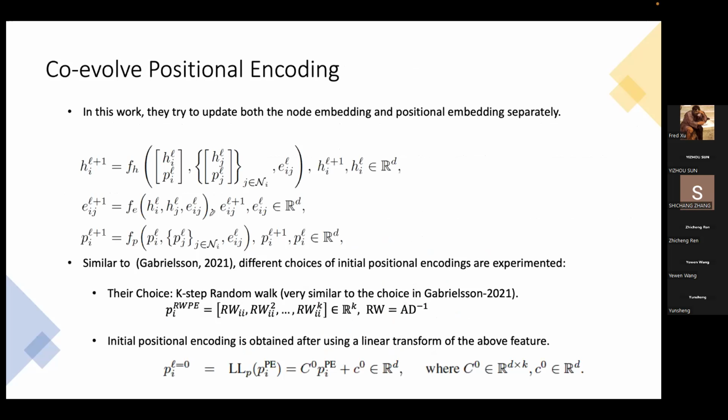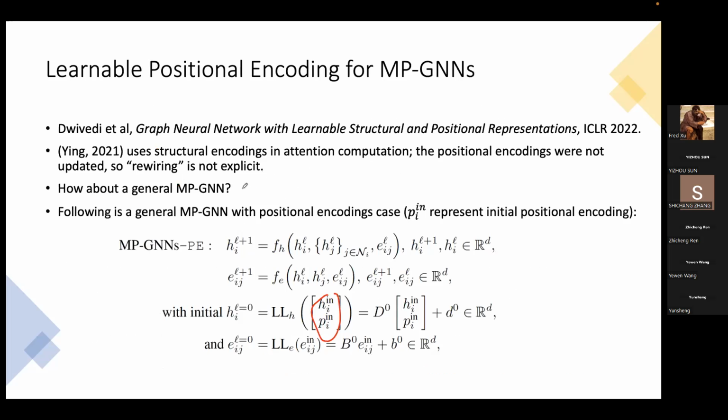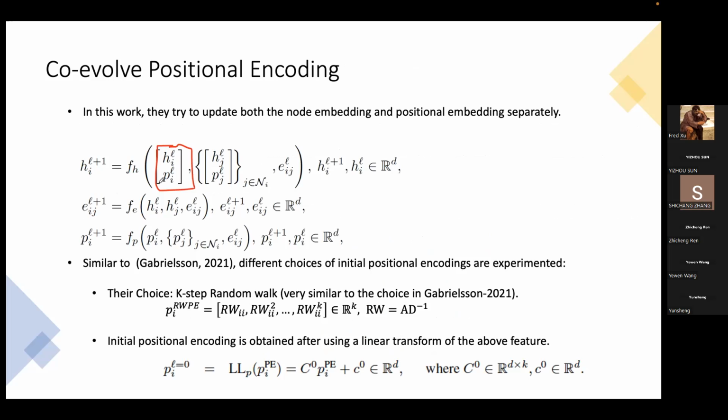And what they did in addition is that they update this term jointly as you go through layers of the GNN. You can see here, you're not really doing that, but here they're updating this jointly.